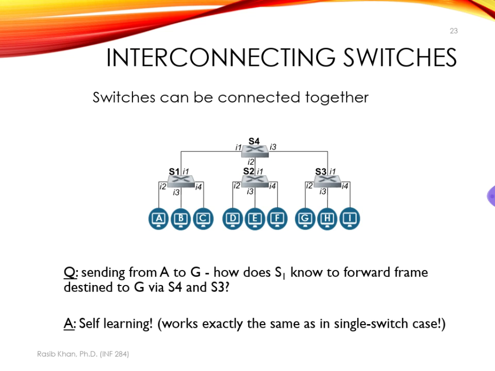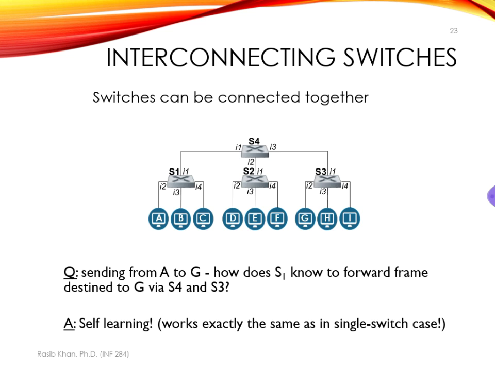The examples we have seen so far are rather simple networks where there was only one switch and all hosts were connected to the same switch. But what if we have a network of switches? Switches can be connected to each other, and each switch can have multiple connected hosts.